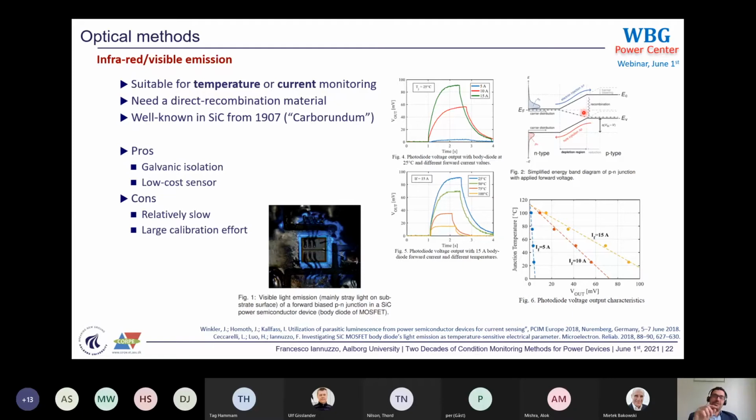It shrinks with temperature: if your temperature increases, your band gap energy decreases, and your wavelength becomes longer. So in principle you can detect the color of your radiation and work out what the temperature is. You can see some pictures here, with current up here and temperature down here. This method is in principle possible, but sounds very expensive because you need a spectrometer.